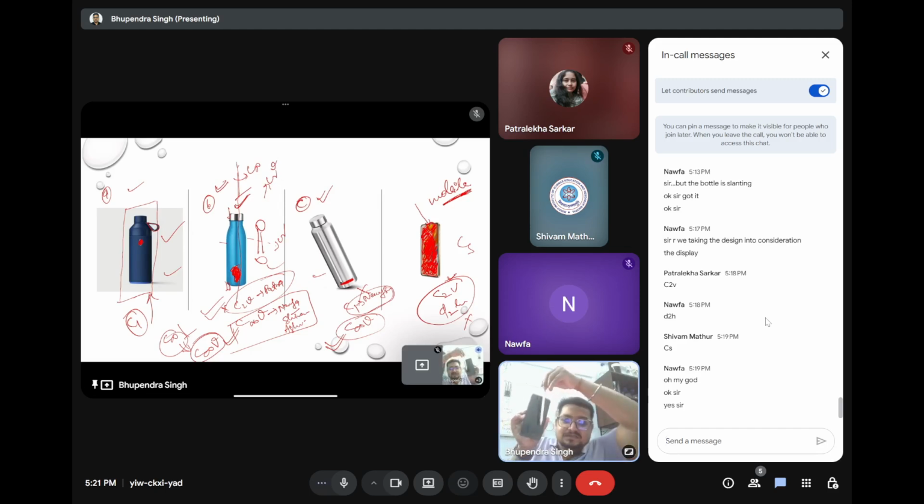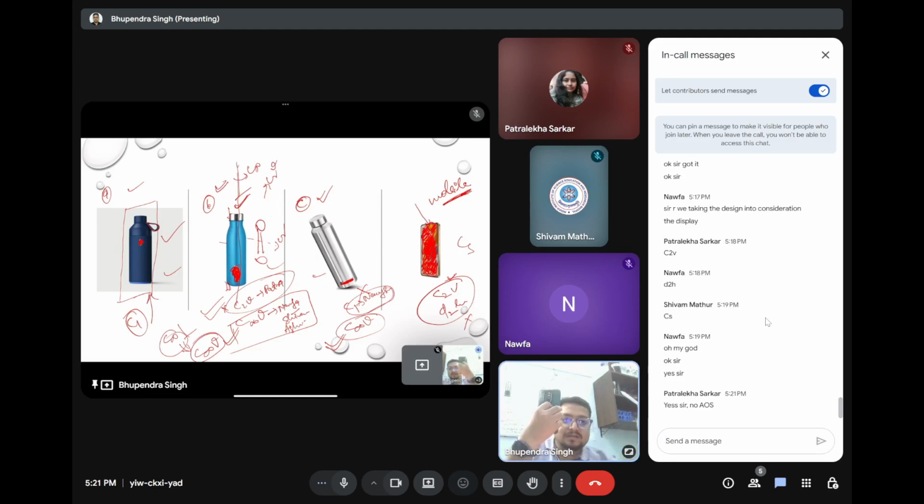Now consider this axis. Again it will rotate, like you are facing the display of this mobile. If you flip it by 180 degrees, you will see the back of this mobile. So no axis of symmetry is present.